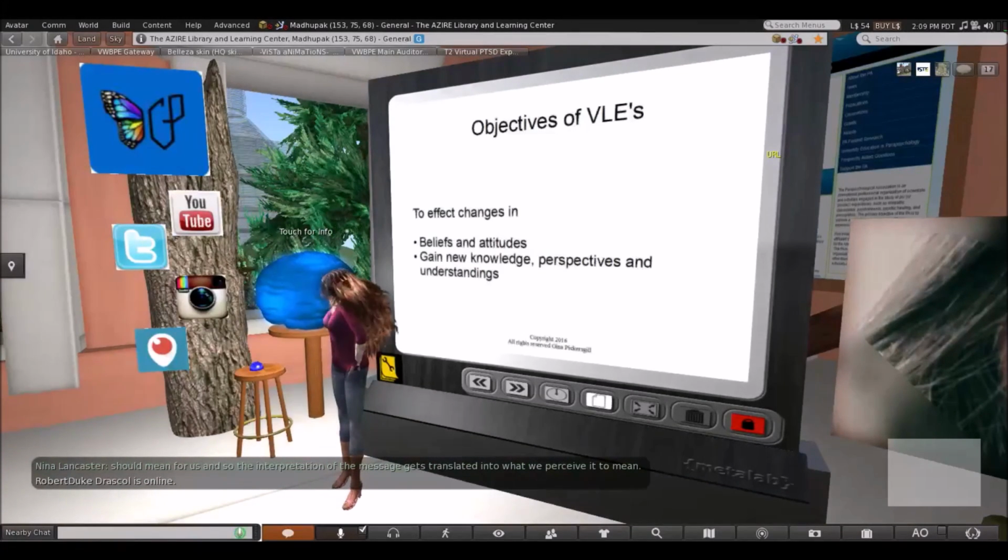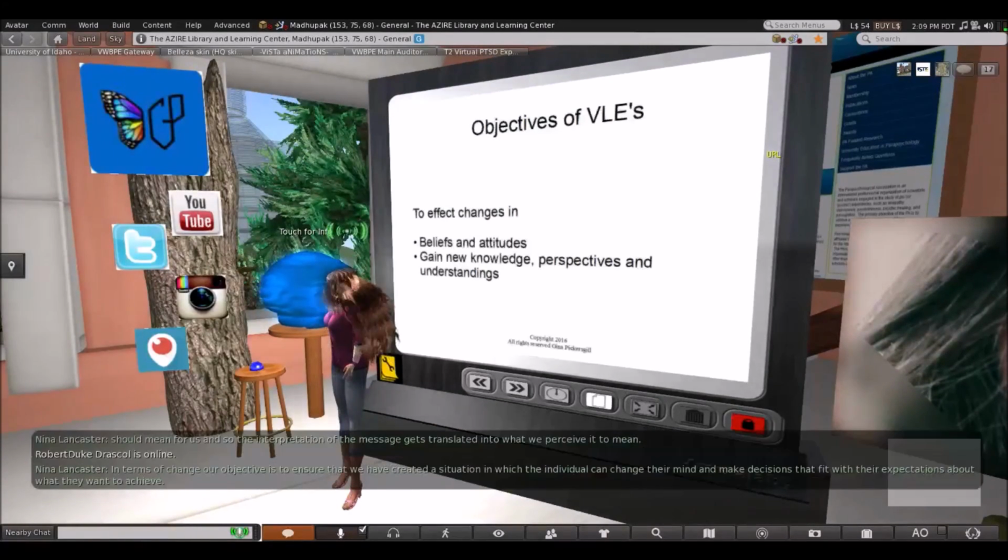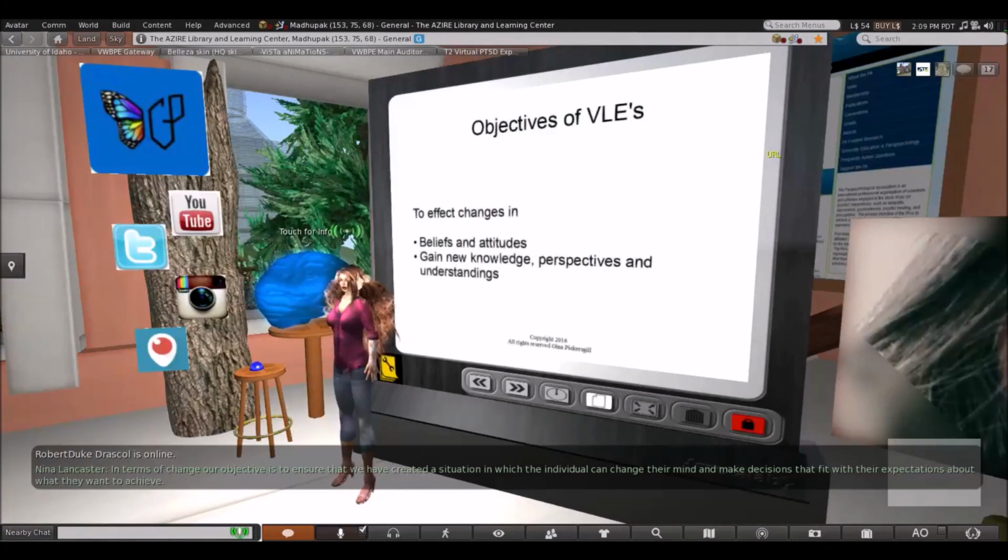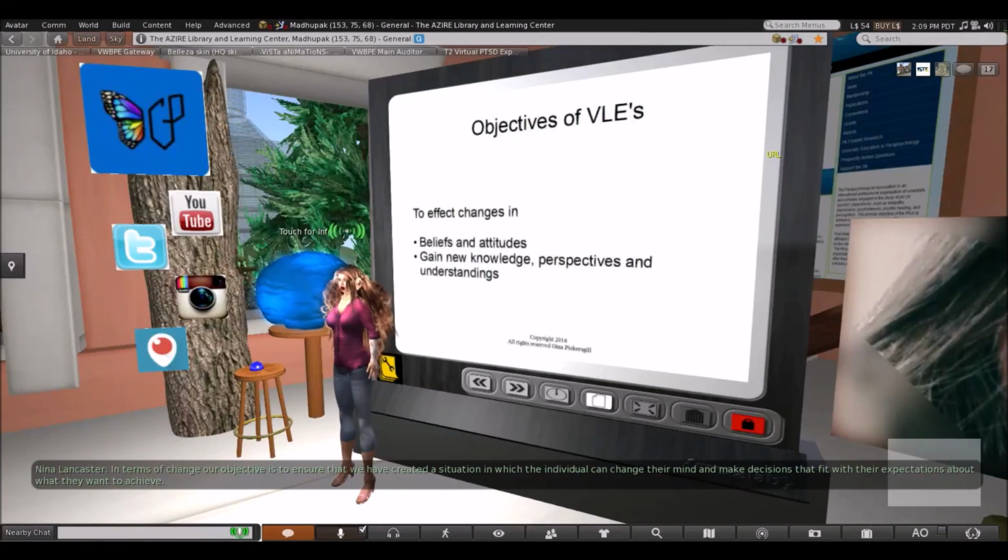So the interpretation of the message gets changed to what we perceive it to mean, and our objective as teachers is to ensure that we've created a situation in which the individual can actually make decisions that fit with their outcomes about what they want to achieve.